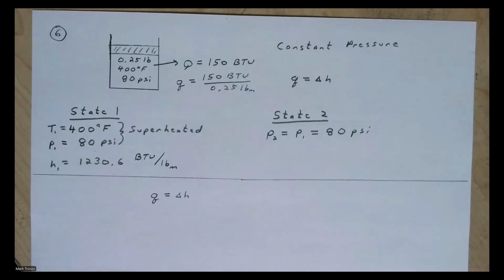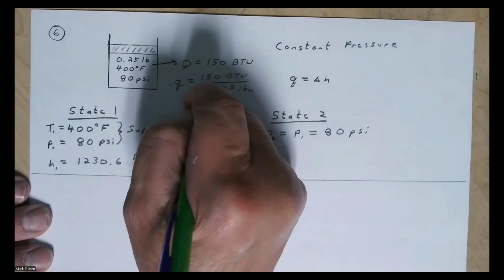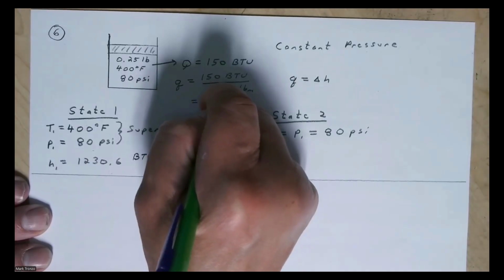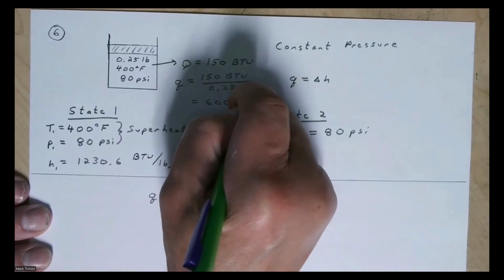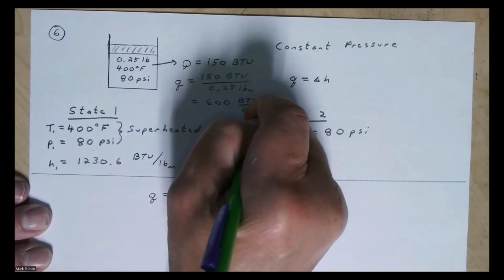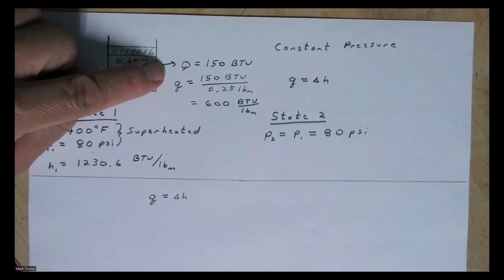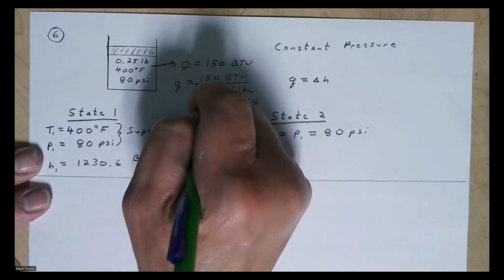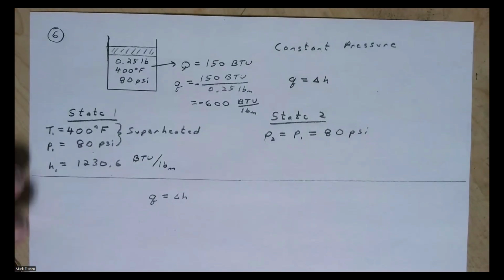And so that's going to give us 600 BTUs per pound mass. And actually, since it's heat transferred outward, I'm going to put a negative in front of it up here, like this.